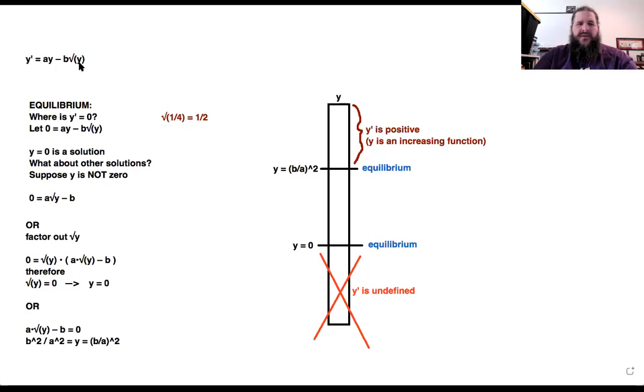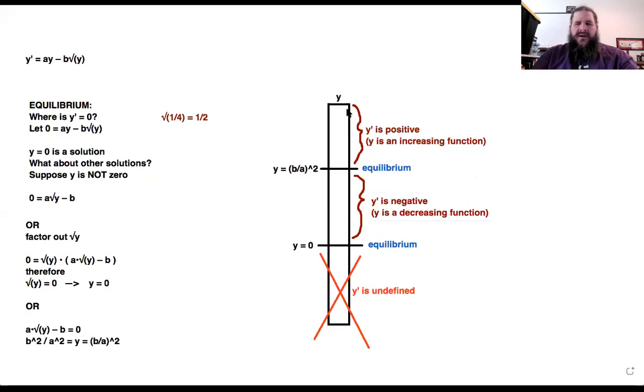So if y is smaller than 1, then square root of y is actually going to be larger than y itself. And more specifically in this case, no matter what b and a are, as long as y is less than b over a squared, then b square root of y is going to be larger than ay. So we get a negative result when we subtract small number minus big number. So in this interval between 0 and b over a squared, we can say that in this region of y values, y prime is negative. So y is a decreasing function.